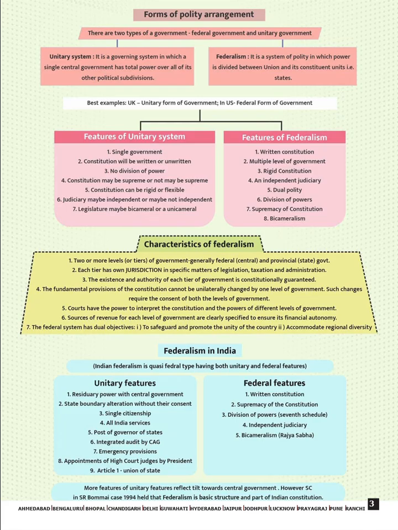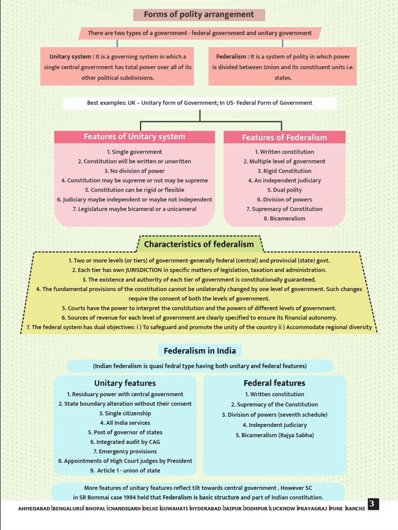Fifth, the court has the power to interpret the constitution and the powers of different levels of the government. Sixth, the sources of revenue for each level of government are clearly specified to ensure its financial autonomy.